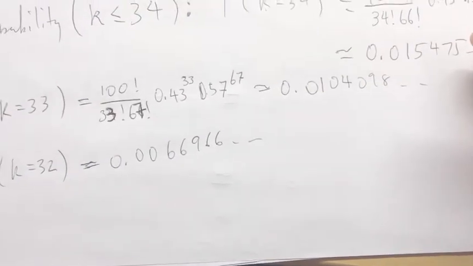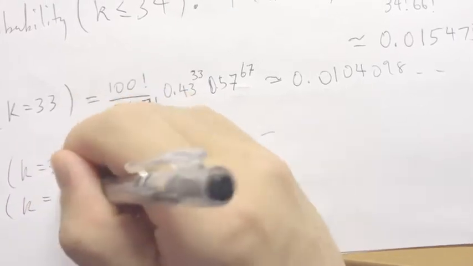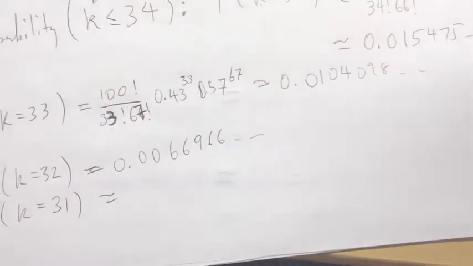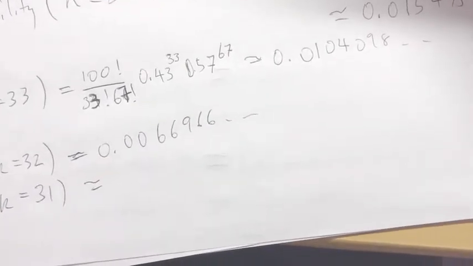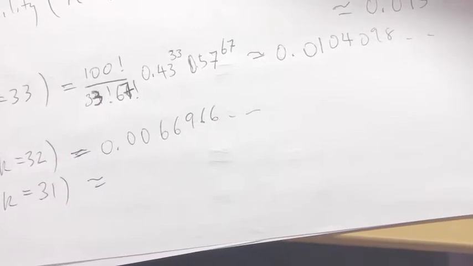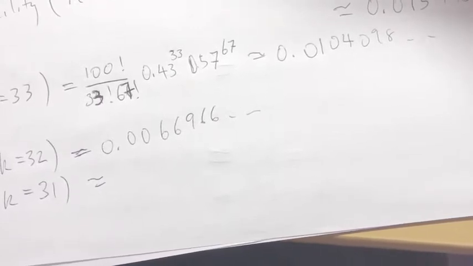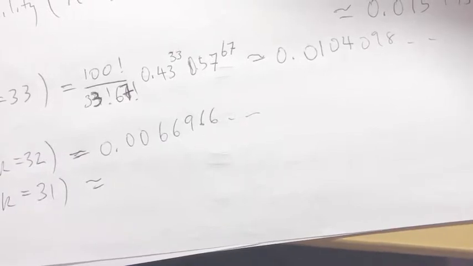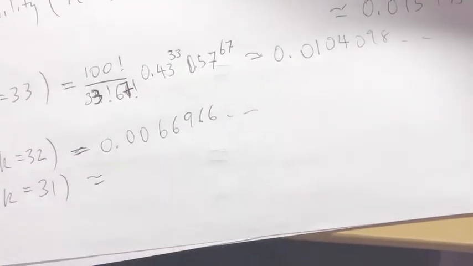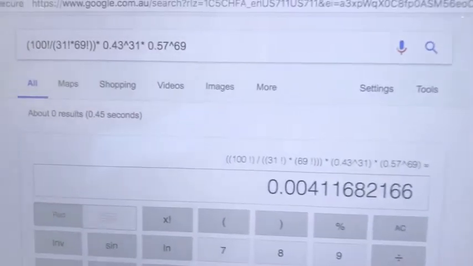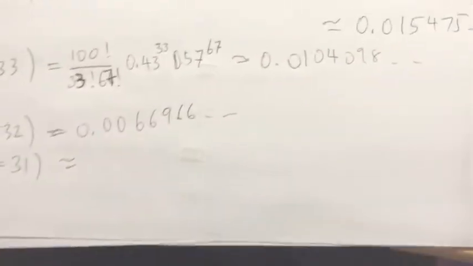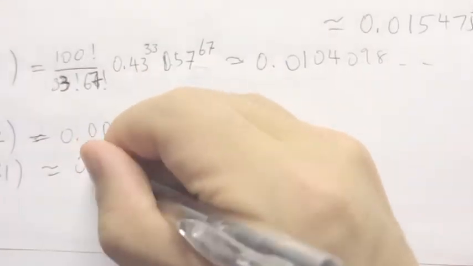Small. Maybe not quite small enough just yet. 31. 69. Look at that. Okay. It's going down, not that fast.